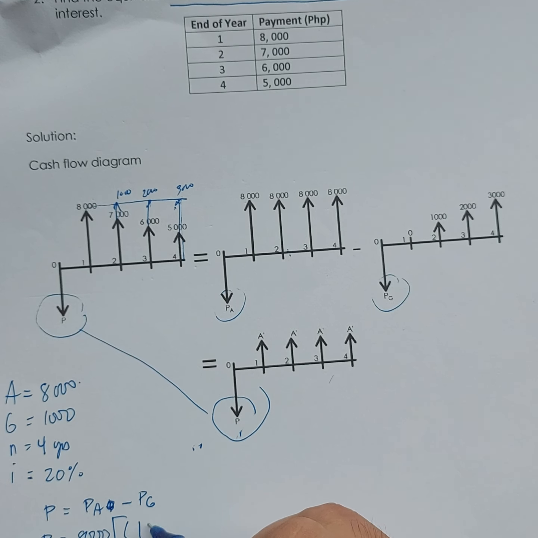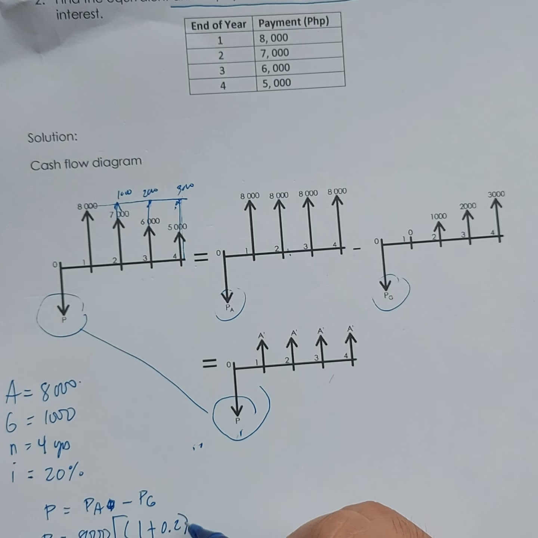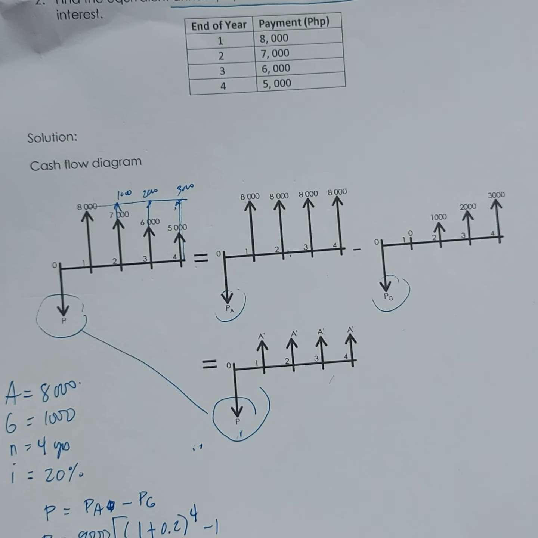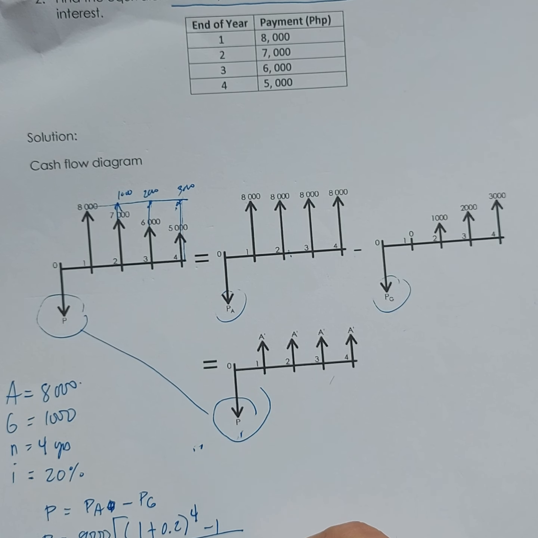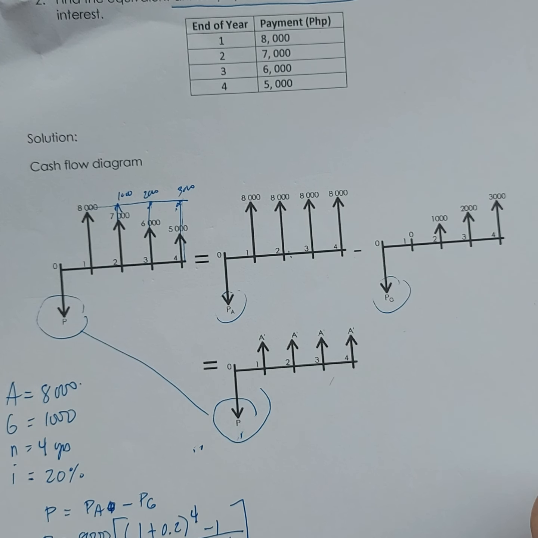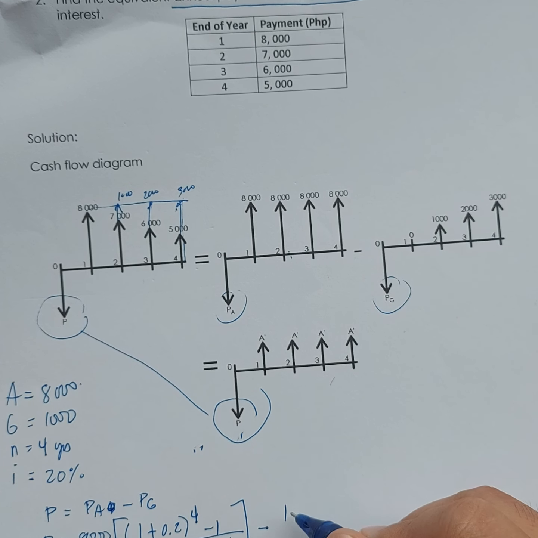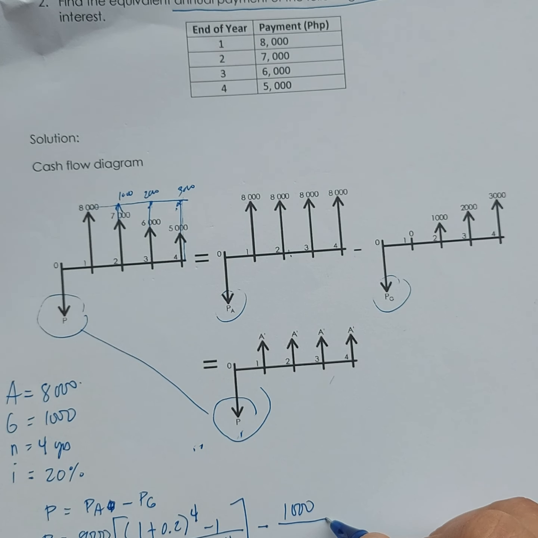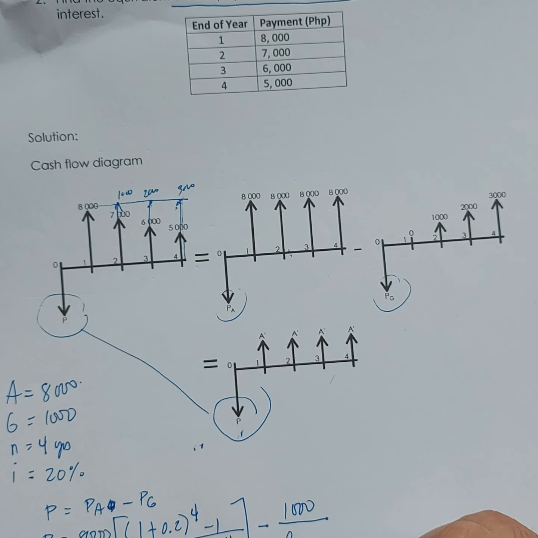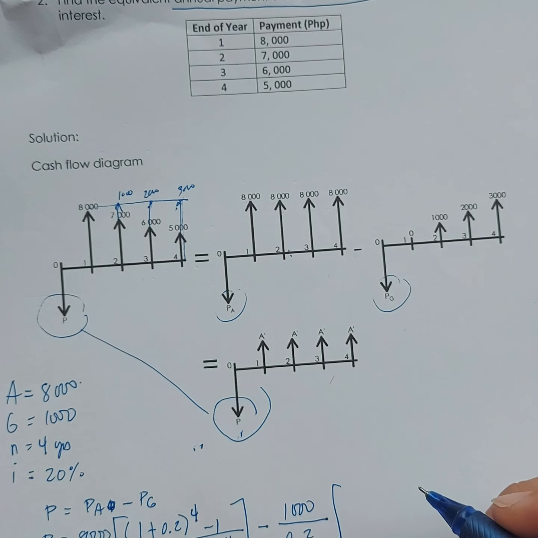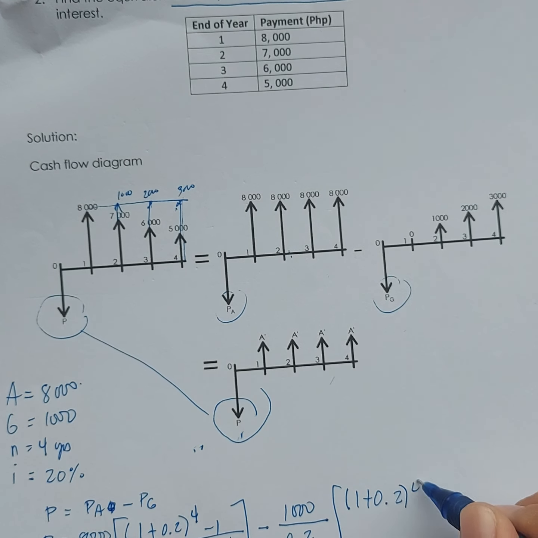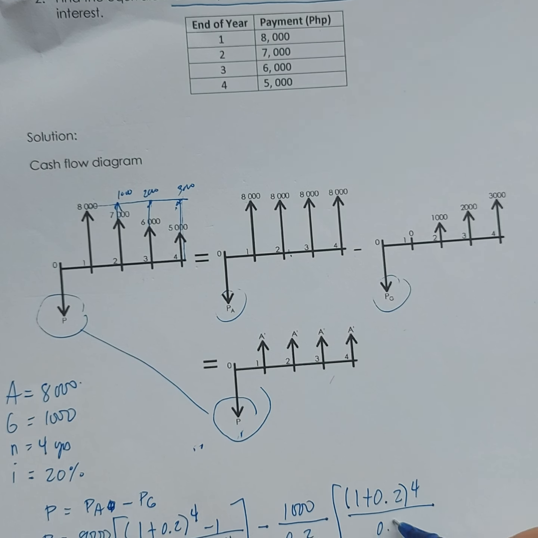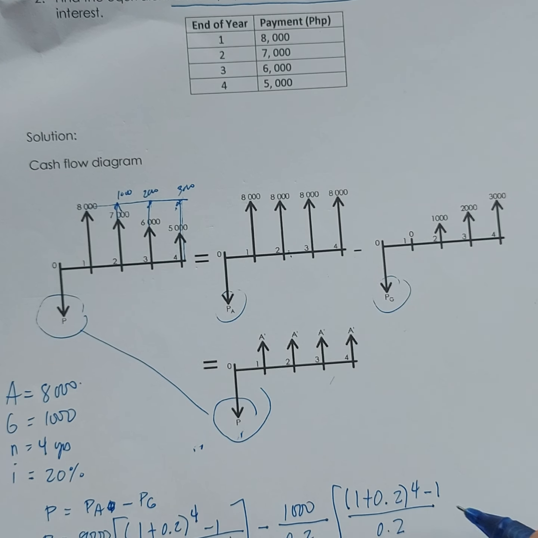times 1 plus 20% raised to 4 minus 1. Tignan nyo na lang sa screen. Okay, this is PA, no? Minus PG. So we have 1,000. Yung G natin is 1,000 over i, which is 20%, times, I forgot minus 1 there.